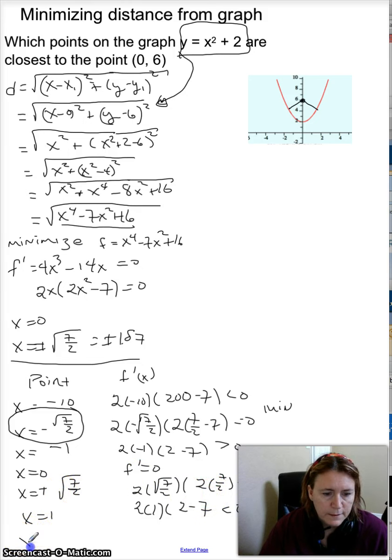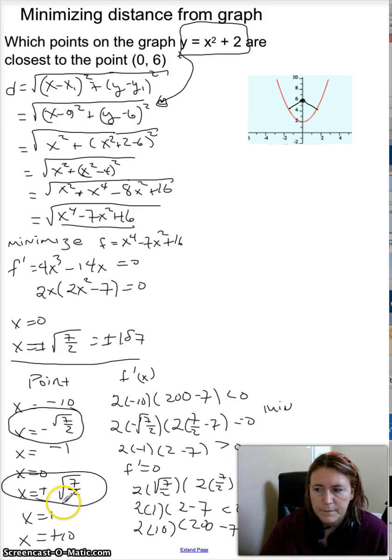And finally, let me look at x equals plus 10. This is 2 times 10 times 200 minus 7, and this is positive. So again, we have a minimum at x equals positive square root of 7/2.